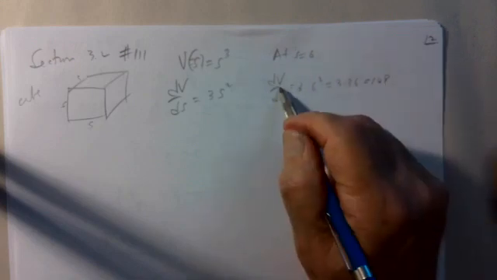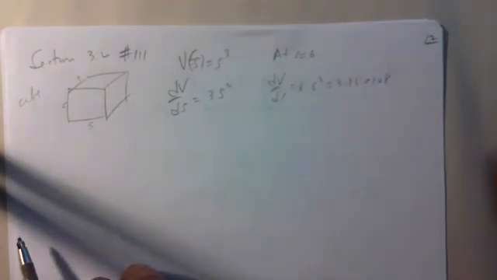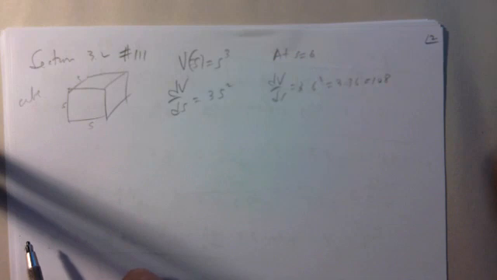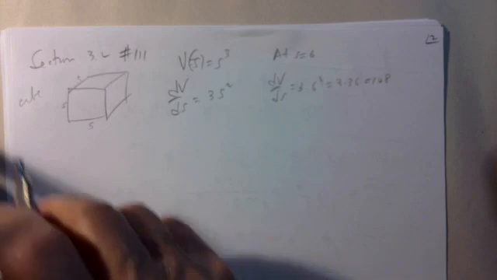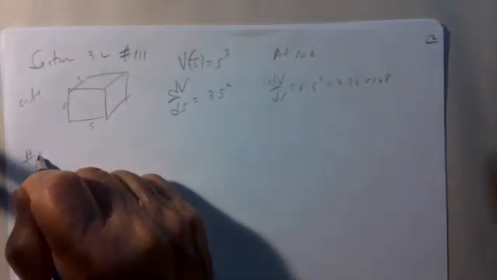That's the rate of change of the volume with respect to the side S. Let's look at number 107.